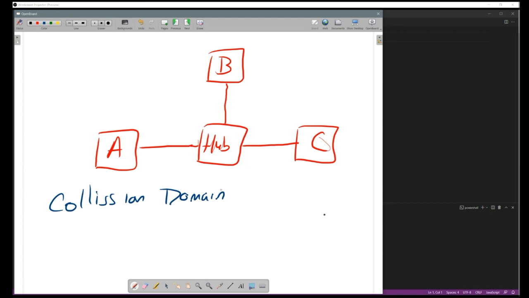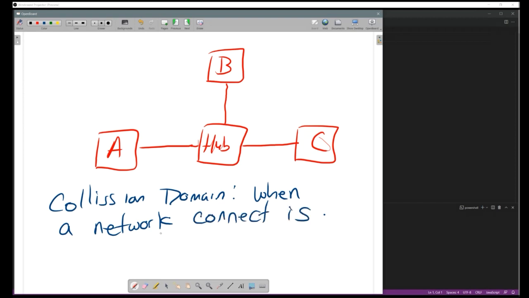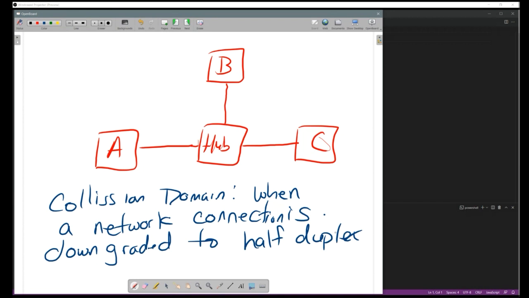A collision domain essentially is when a network connection is downgraded to a half duplex connection, downgraded to half duplex because of corruption.